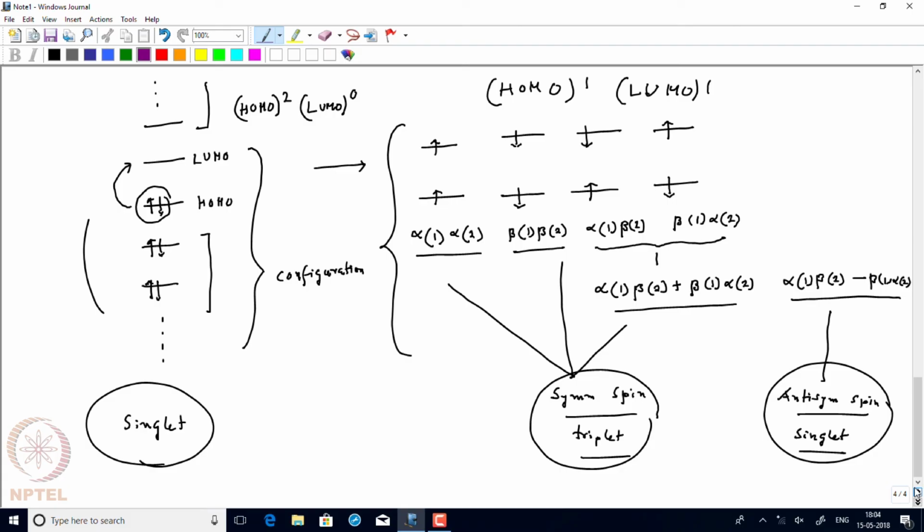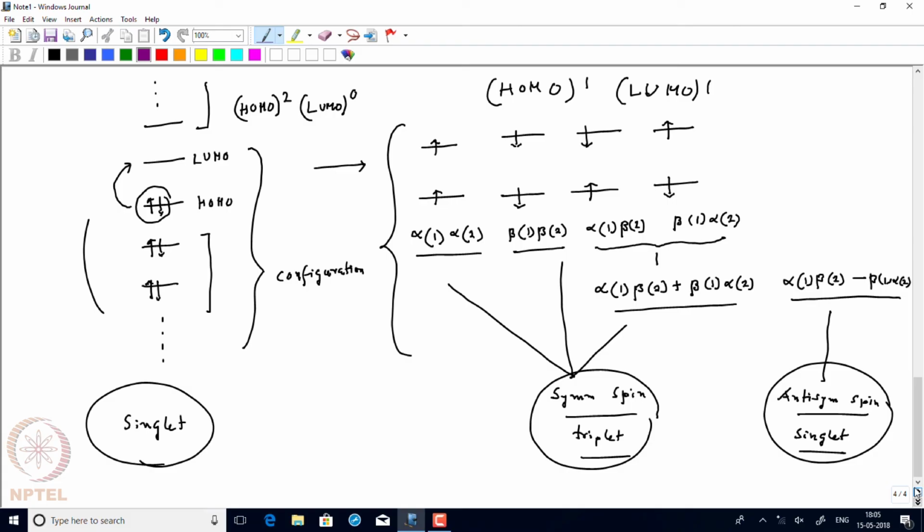But if I have two electrons in two orbitals, I have four possibilities, because one electron in the first orbital can have up or down spin. The second one, for each of these up or down spins, can also exist in up or down spin. So I'll have 2 times 2, or 4 combinations, and those four combinations, after we do the symmetric and antisymmetric combinations, can be grouped into 3 plus 1.